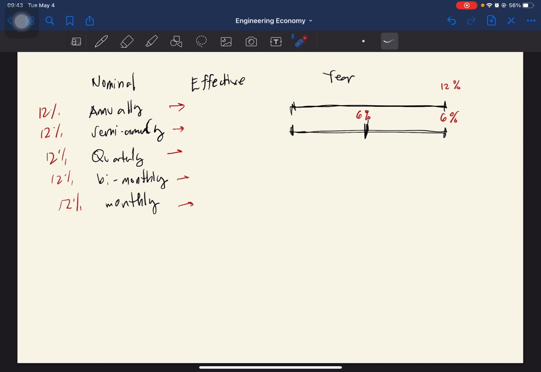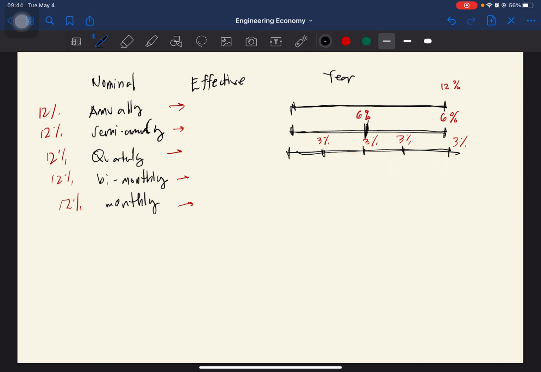So your money is compounded by 6% after 6 months and another 6% for the next semi-annual. Quarterly is the same. If you have 12% compounded quarterly, your money will be compounded 4 times in a year: 3%, 3%, 3%, and 3% for the last quarter.